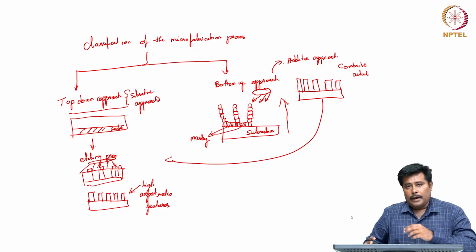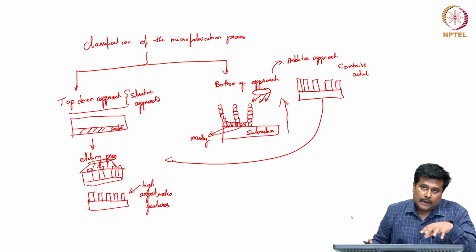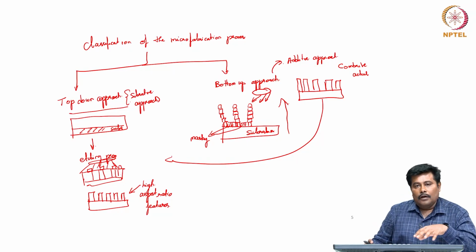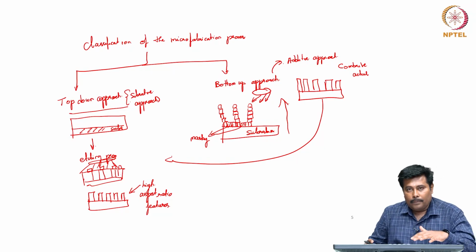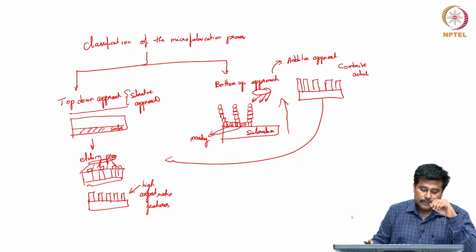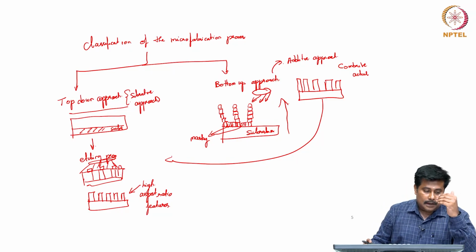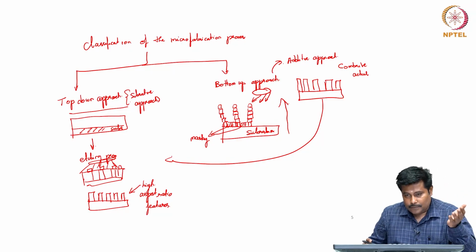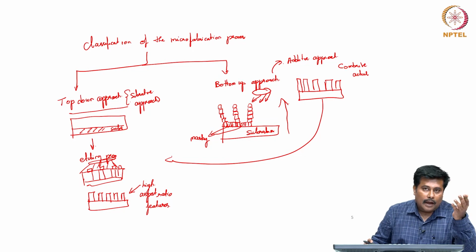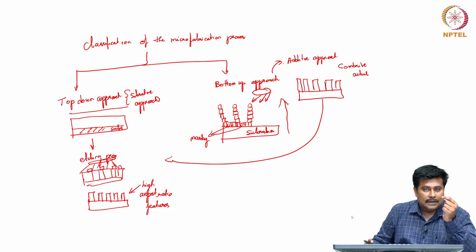There are wide varieties of techniques which are available for this top-down approach as well as for this bottom-up approach. So, as far as top-down approaches are concerned, in the case of thin film technology, we have lasers which are being efficiently used for etching applications.